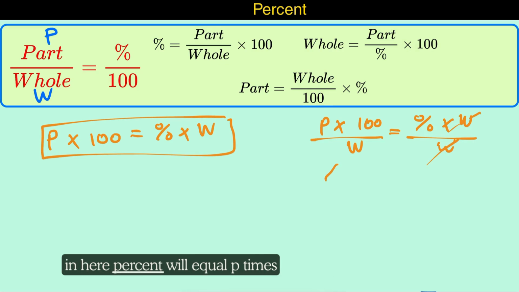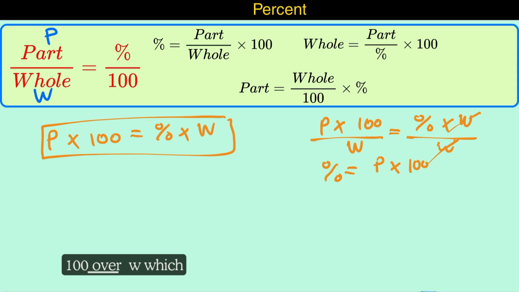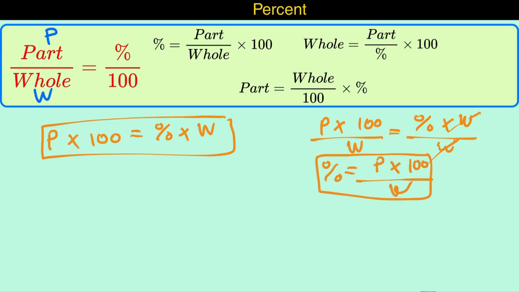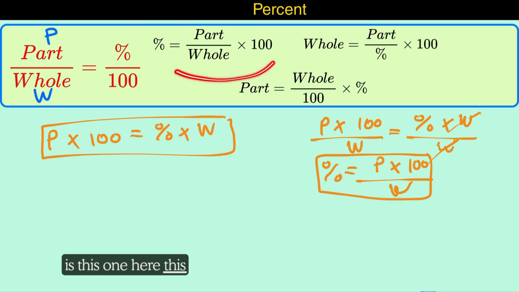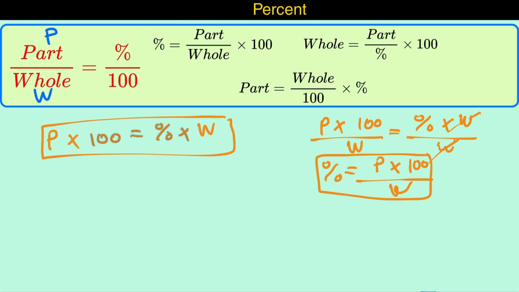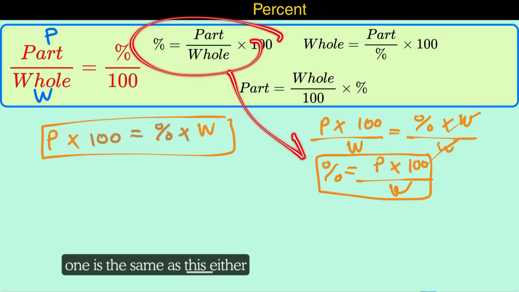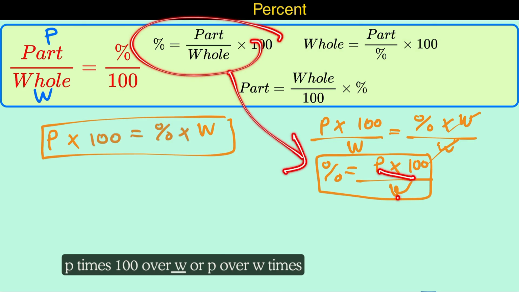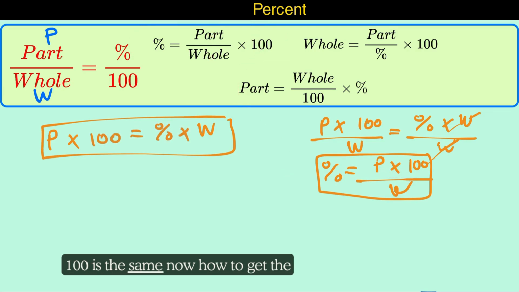And then here percent will equal P times 100 over W, which is this one here. This one is the same as this. Either P times 100 over W or P over W times 100 is the same.